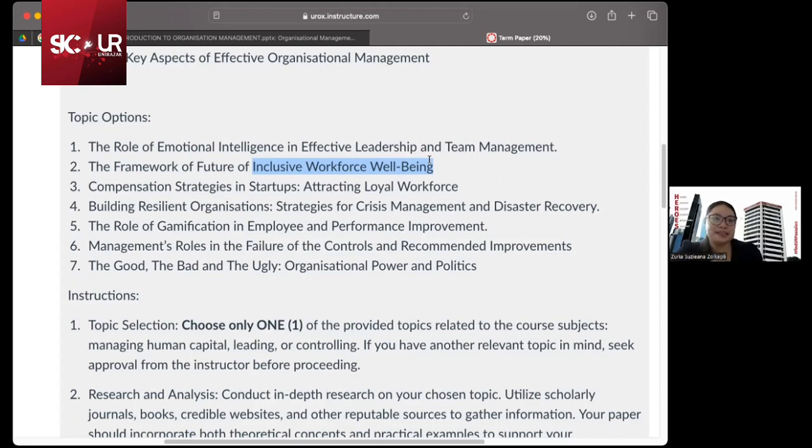So a framework for future inclusive workforce well-being means you try to identify the best way to make every employee happy.